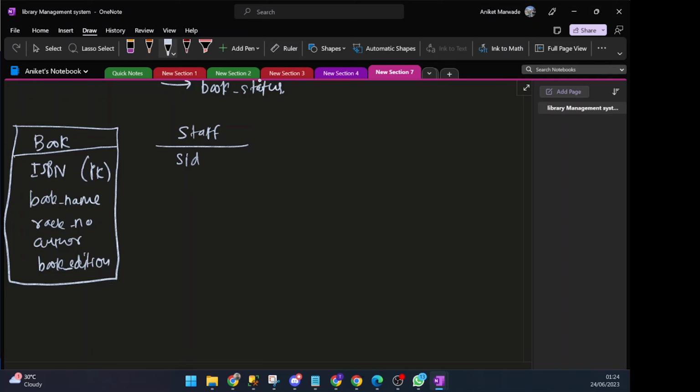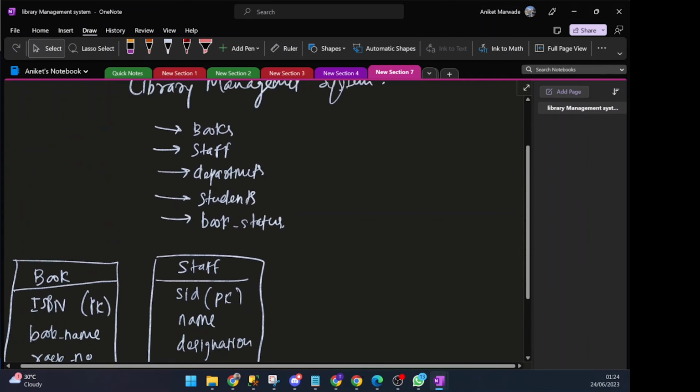I mean, every single person who is staff will have a unique ID. So let's consider it as a primary key. Again, we will have the name of the staff. Let's consider it as name. We'll have designation, and we will have phone number. So this is the staff table.